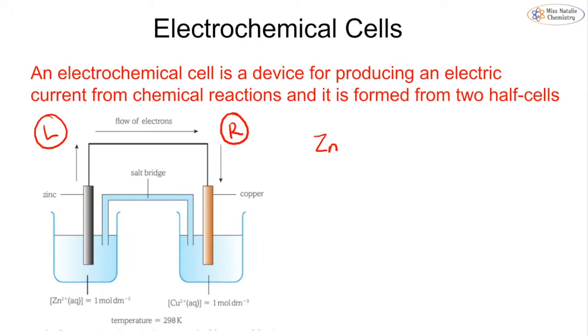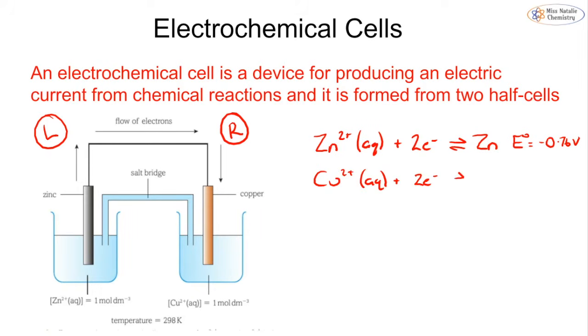So we've got the zinc ion gaining 2 electrons to become zinc metal, and that E value is minus 0.76 volts. And the other one is the copper ion becoming copper metal, and that has a value of plus 0.34 volts.